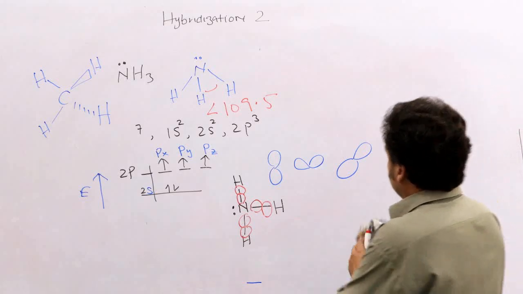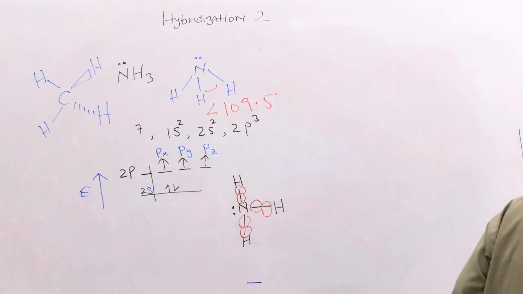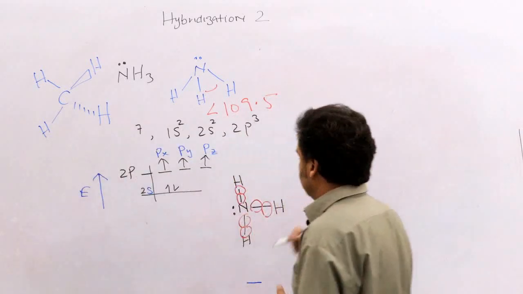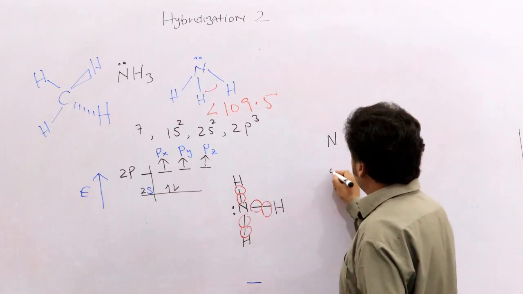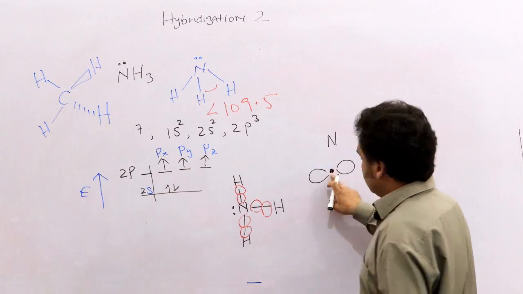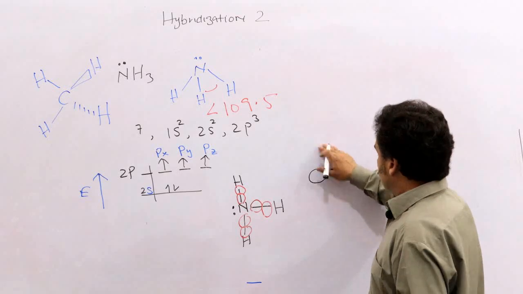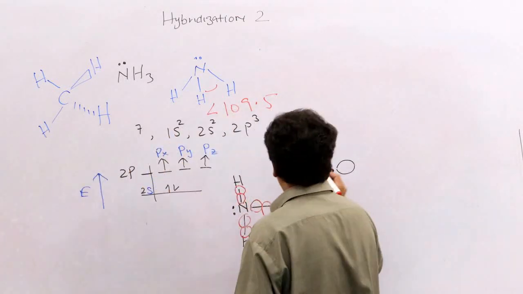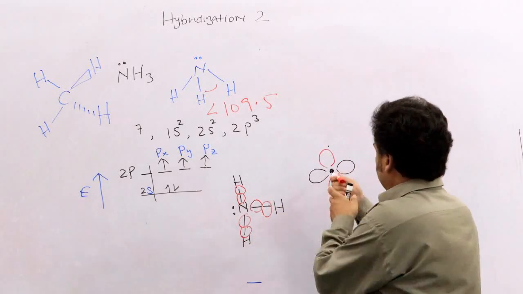Pardon me for one thing: if nitrogen is involving a p orbital, it will not form a bond like this, because let me again explain it. This is the nucleus of a molecule, it's half here and half here. So this is one p orbital, it should have formed the bond like this. This is the other, and the other one is like this.